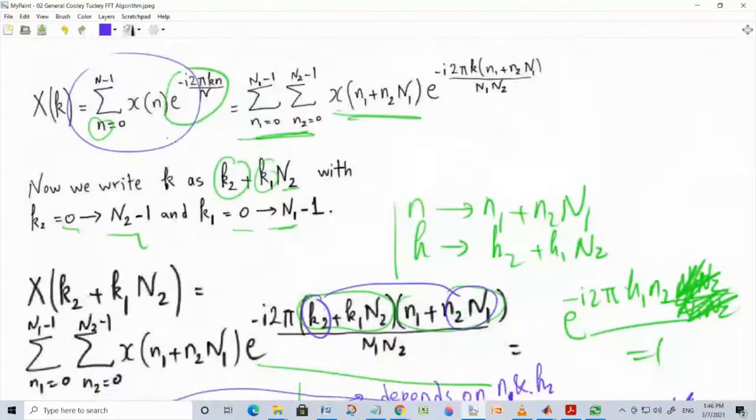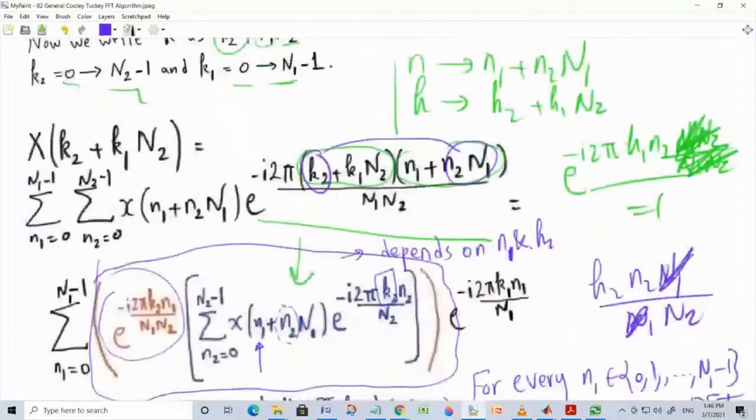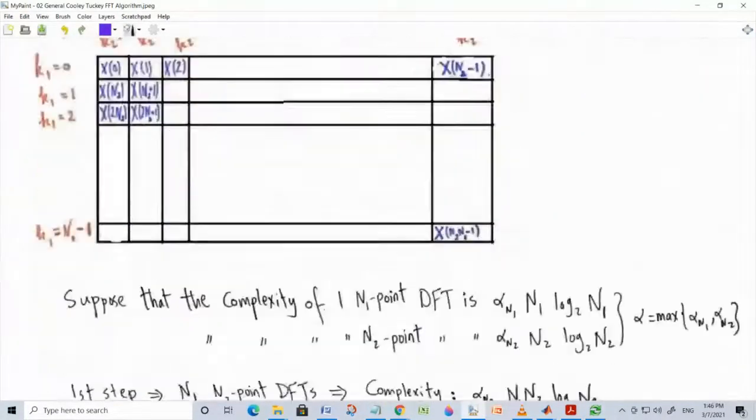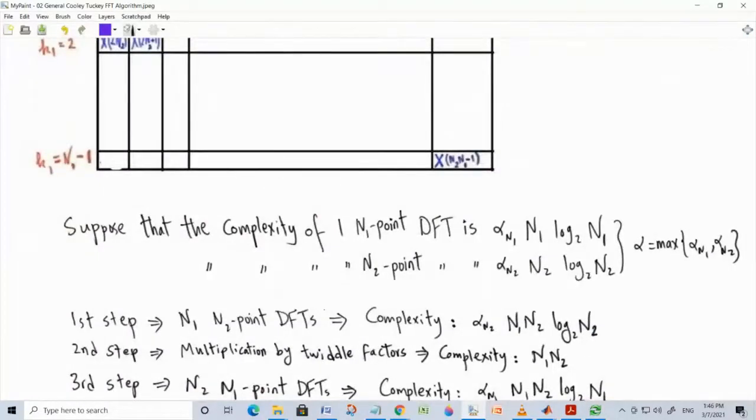So is this really efficient? Let's see. Remember that the underlying assumption is that you already have an efficient algorithm for DFTs of size N1, and you have another efficient algorithm for DFTs of size N2, and there is no problem if N1 is equal to N2. So let's suppose that the complexity of one N1 point DFT is given by this.